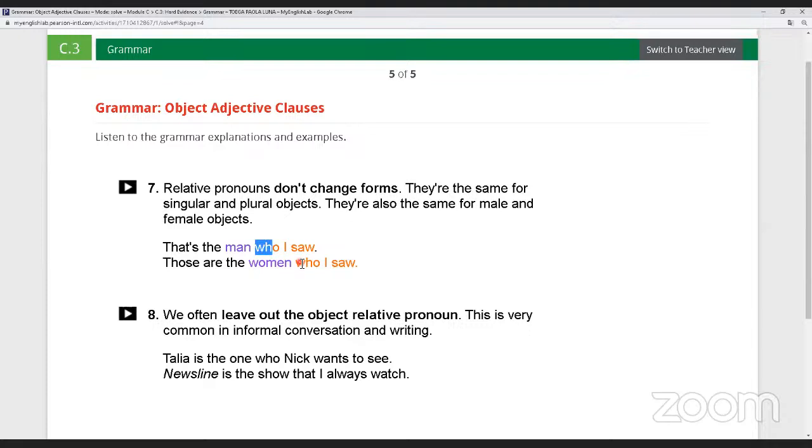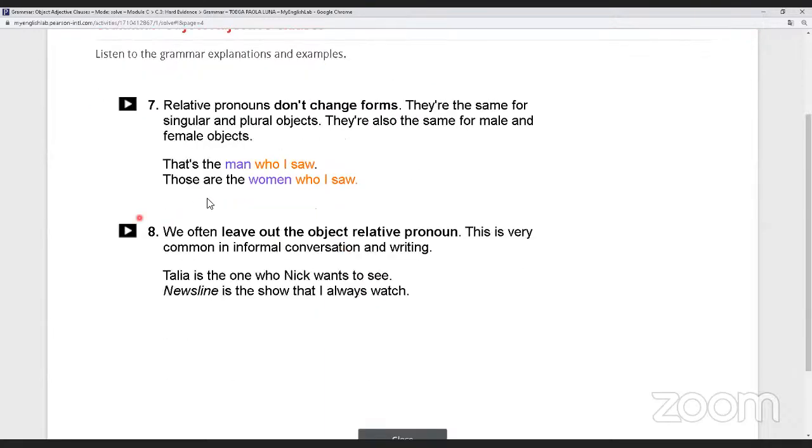There is no when's or where's. It is going to stay like that. Relative pronouns don't change forms, okay? They're the same for singular and plural, and the same for male and female objects. The relative pronoun is not going to change because it's not a verb.